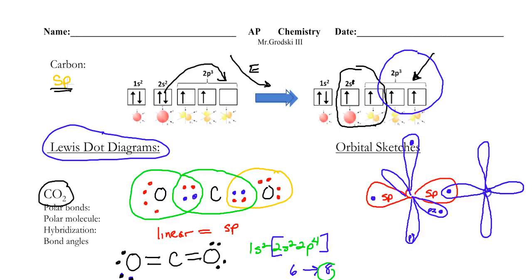Then we have the p coming at you, behind. Don't lose sight that this right here is one orbital. This is pz. This would be py, right? This is px. These are the same orbital. And of course we have an s, drawing the s smaller so we can see it.